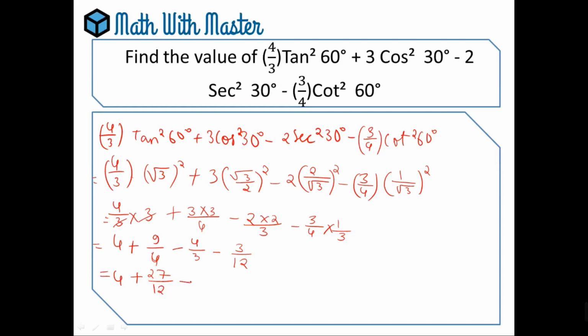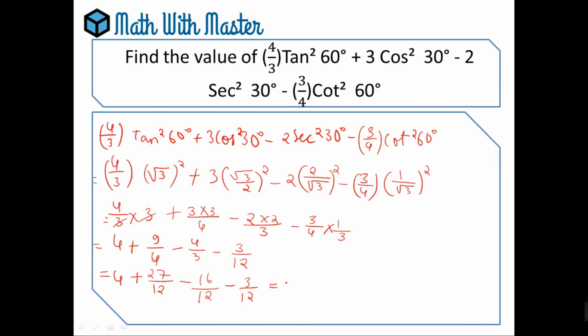So now 4 plus 27 by 12, which we can write as 9 by 4, minus, for 4 by 3 we can write 16 by 12, minus 3 by 12. Now we have made the denominator the same.